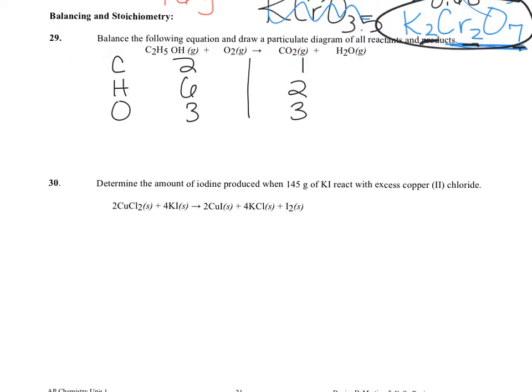And then you need to put in coefficients in order to balance. So I would start with a 2 here. You kind of want to leave your H's and O's for later, for your last step. And that's kind of it.